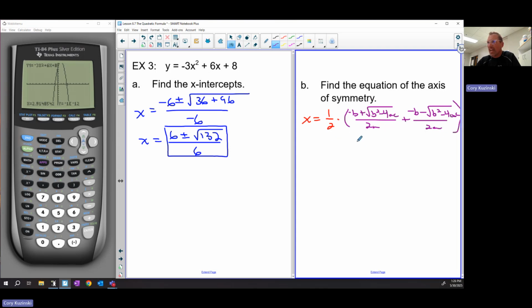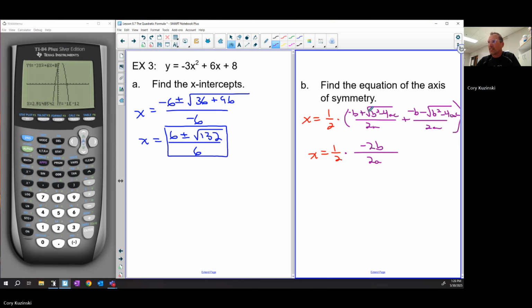And if you look at these, they have the same denominator, so we can simplify this a little bit. It's going to be over 2a. The -b and the -b makes -2b.